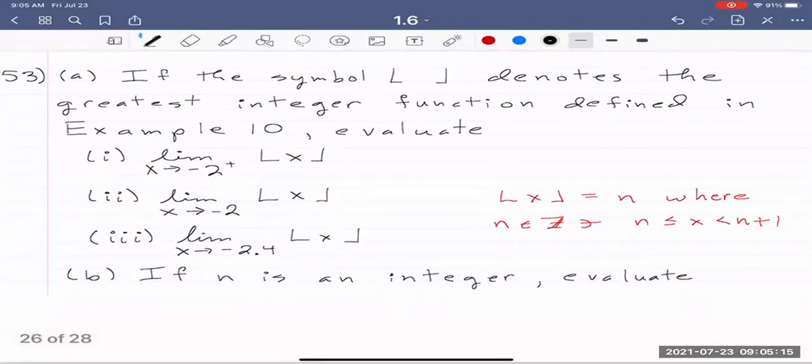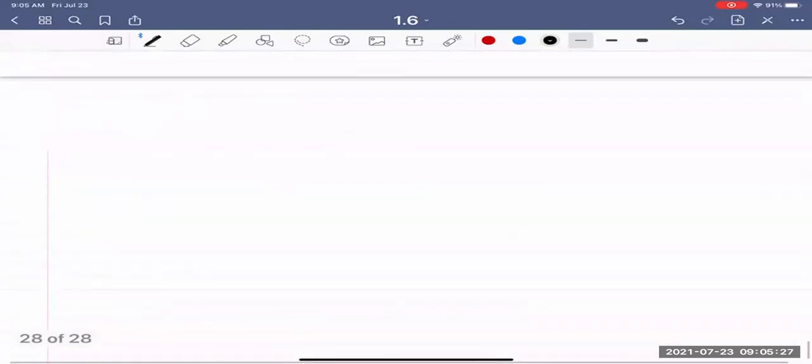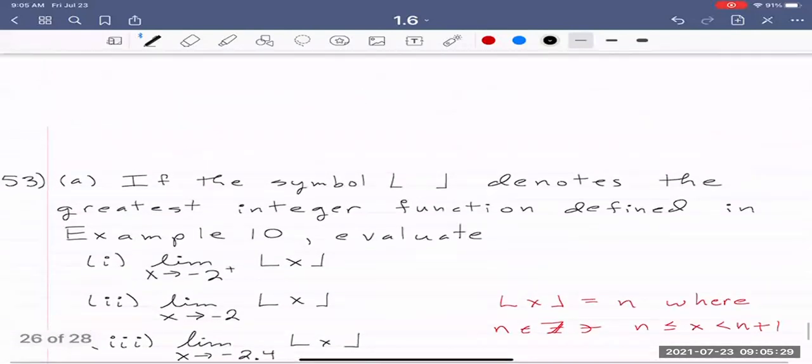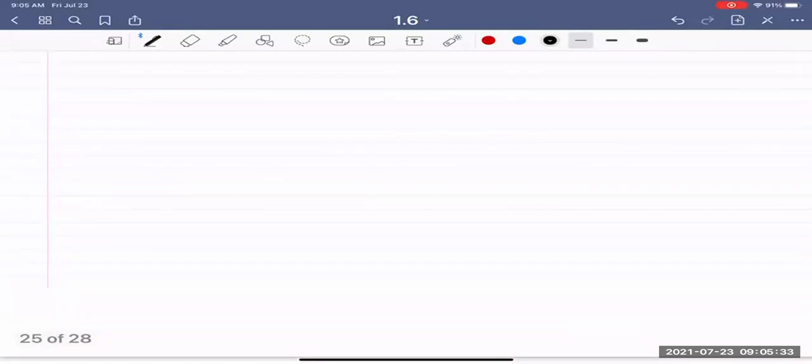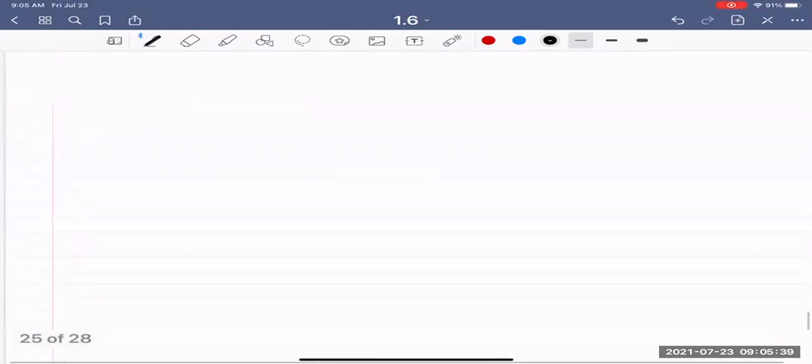Problem 53. Maybe I should tell you what the greatest integer function is, just in case you don't know.